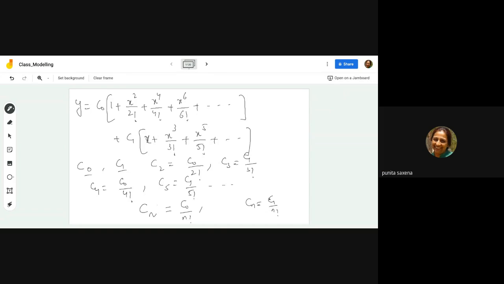Just a minute, girls. So since we cannot write it like this, why? Because when we are talking of things in terms of n, it is my n which will vary from 0, 1, 2 and so on and so forth. I cannot specify n is odd or n is even.